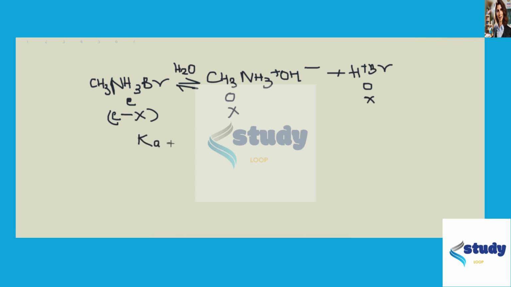Now the Ka of this reaction will be 10 to the power minus 14. The Kb of this reaction, we can go into the concept of this some other time, but right now I'm just focusing on how to solve this problem. So in another segment, I will go through why we're using this formula over here.